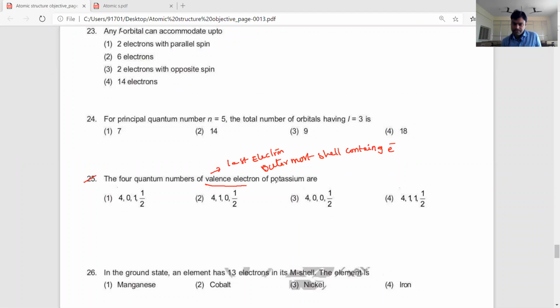Okay, potassium, it's very clear. Potassium Z is equal to 19, so it contains 19 electrons. Its complete electronic configuration is 1s2, 2s2, 2p6, 3s2, 3p6.